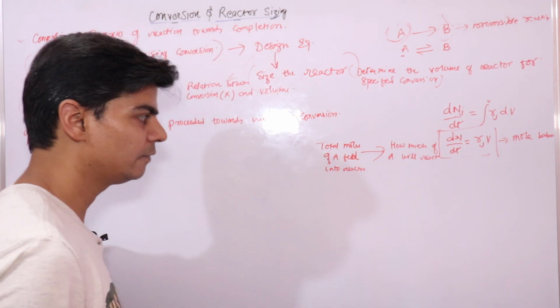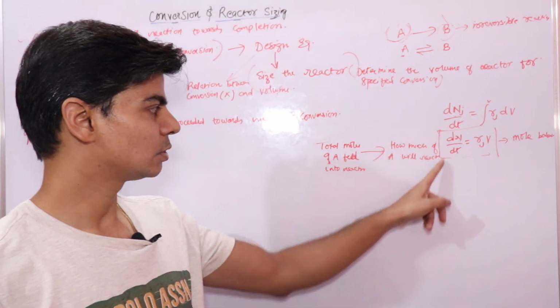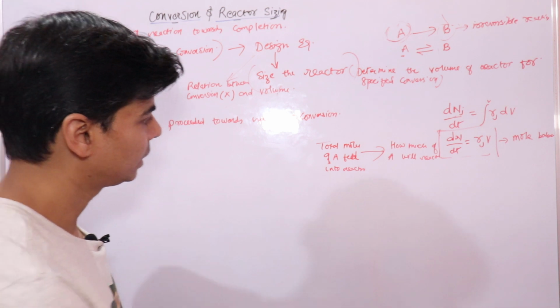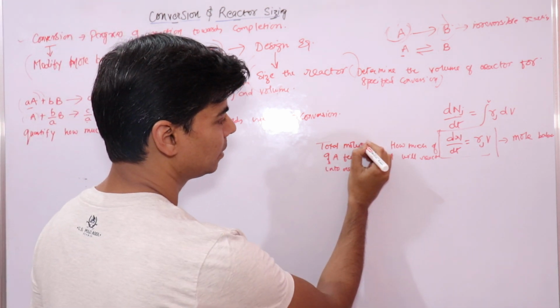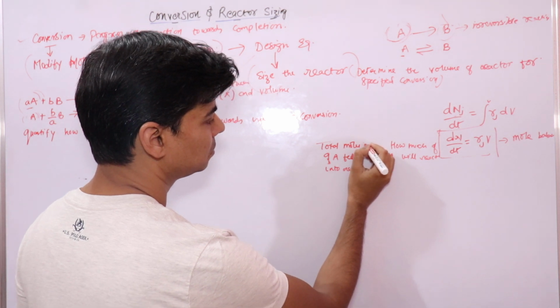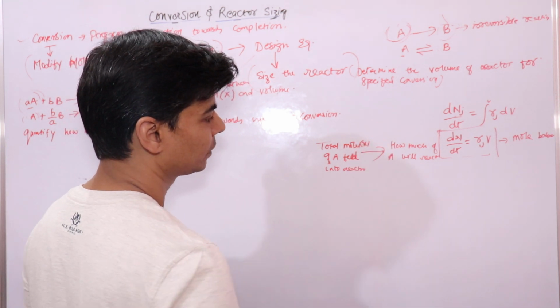When we say how much of A will react, this means how much of A will get converted into products, right. So the total number of moles may be any number of moles, say X moles, right.